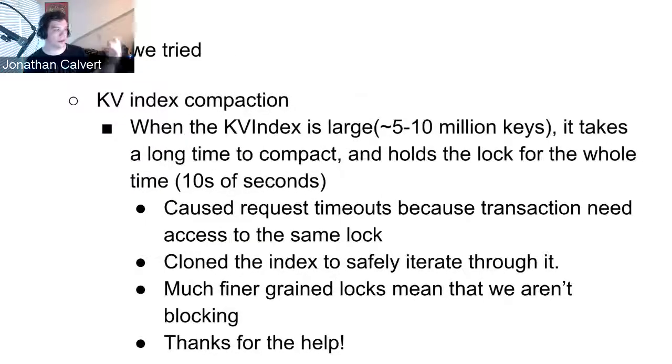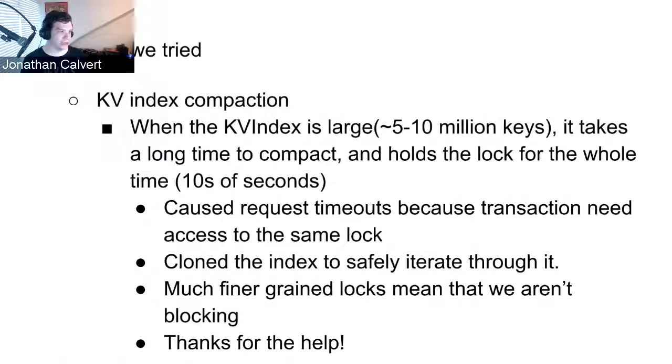Yeah, and back to, like I was saying, compaction. The KV index, when it gets large, is basically a B-tree, but the compaction process would hold a lock while it traverses this B-tree. And again, this is fairly quick unless you start getting millions and millions of keys like we've had.